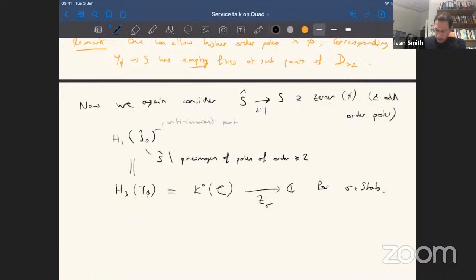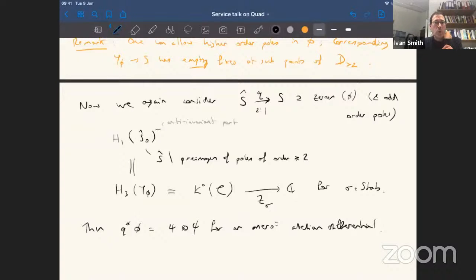So if this covering map from S hat to S is called Q, then Q star phi is naturally psi tensor psi for a meromorphic abelian differential. Okay, and we can now integrate that holomorphic or meromorphic one form over paths in S hat 0 minus.